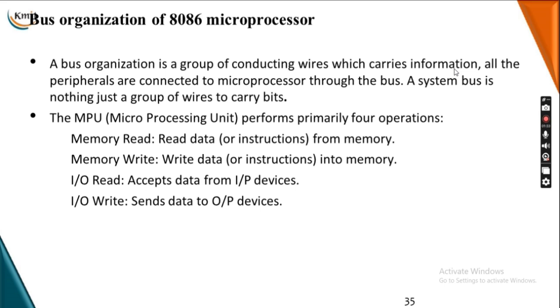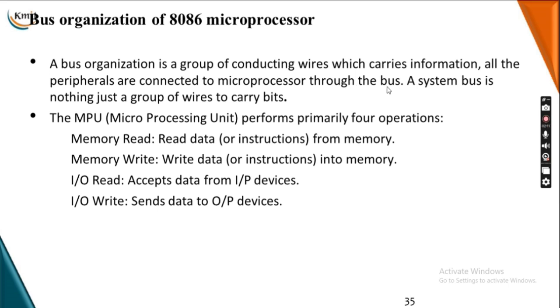A group of conducting wires that carries information is nothing but the bus organization of the 8086 microprocessor, through which all the peripherals which need to be connected to the microprocessor will be connected through the buses only. So if any peripheral wants to communicate with the microprocessor, that will be done with the help of the bus.